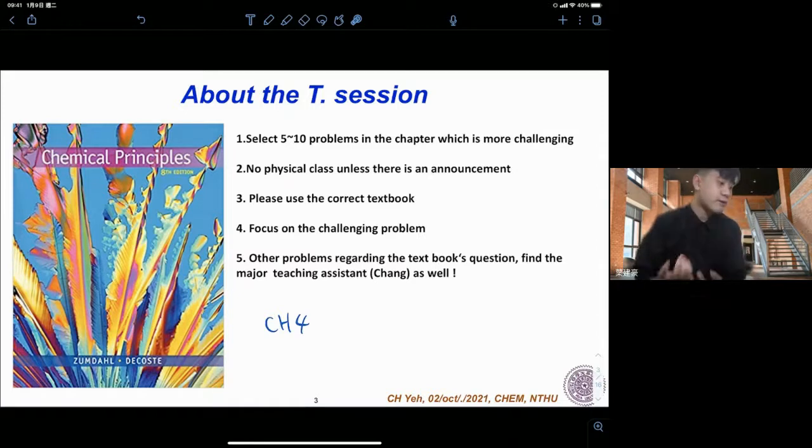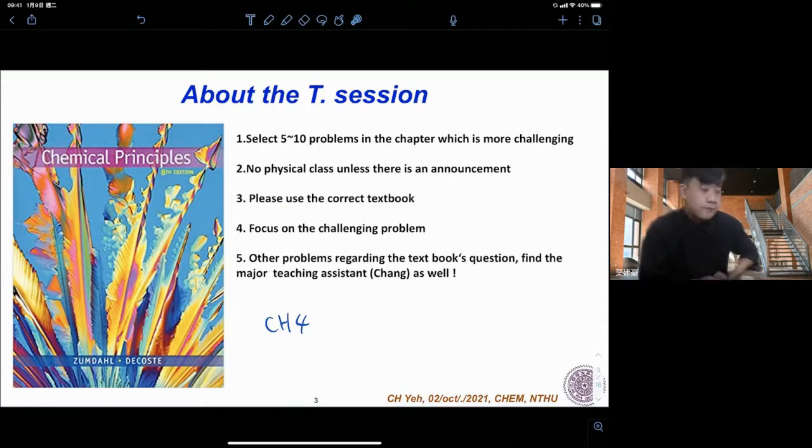So okay, I will focus on the challenging problems, which means if I think a problem is easy, I will not explain it. Later on, I will talk about the chapter 4 challenging problems. If you do have any other problems, you can send me emails, and if I have time, I will reply to you.